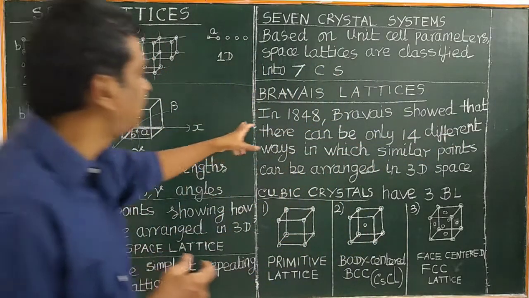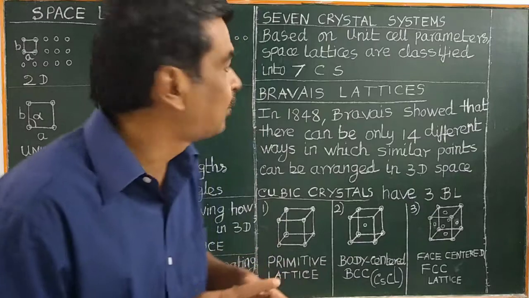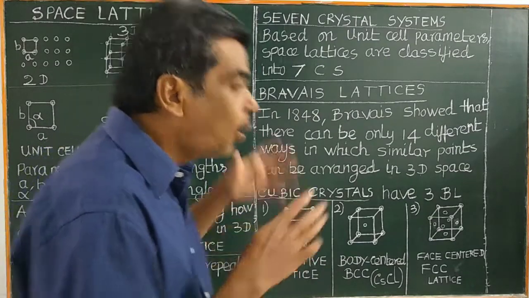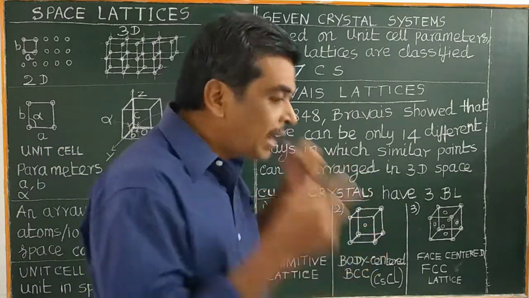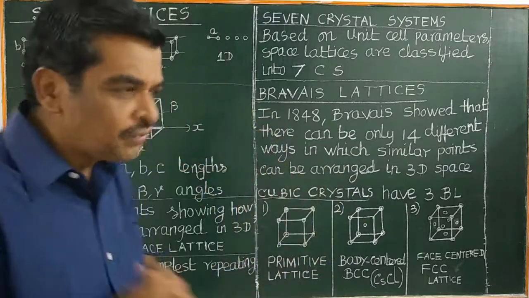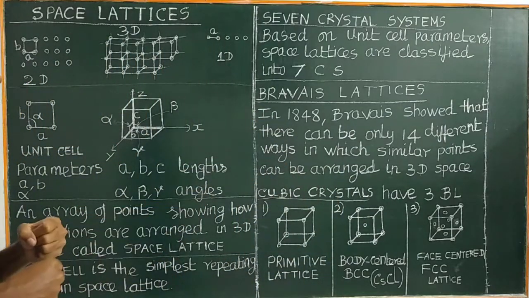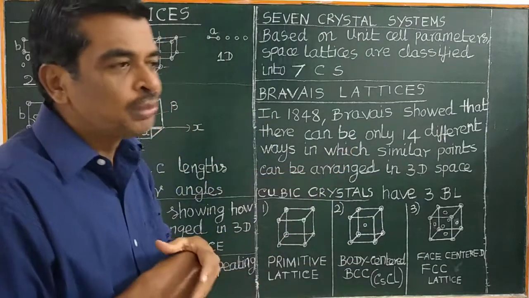In 1848, the French crystallographer Bravais showed that there can be only 14 different ways in which similar points can be arranged in three-dimensional space.